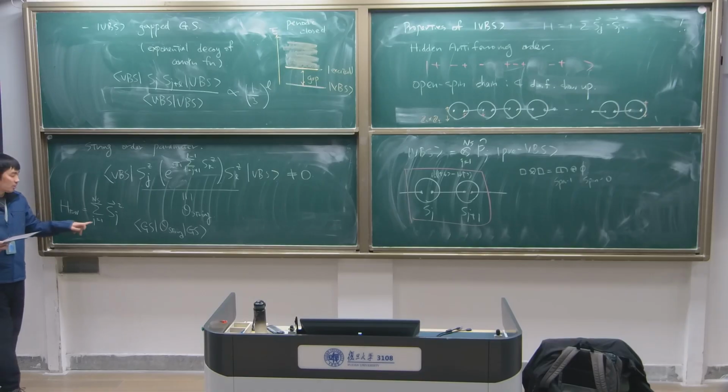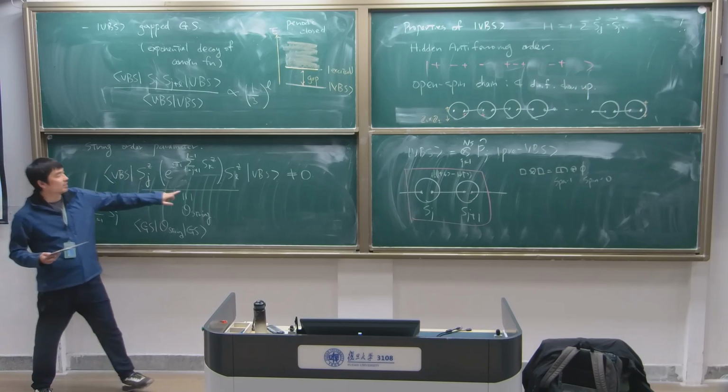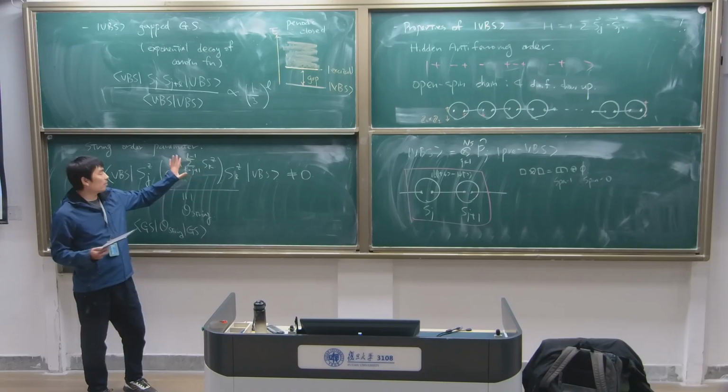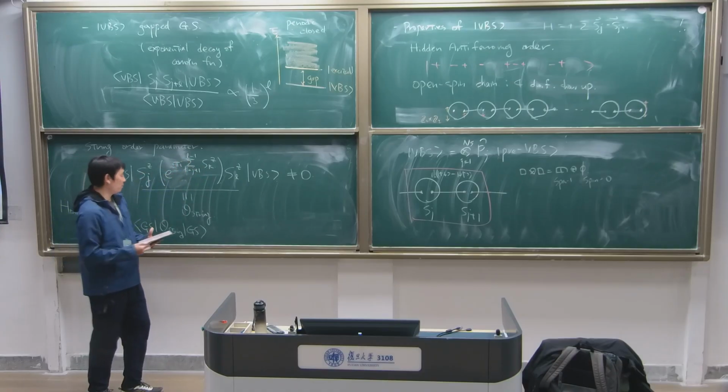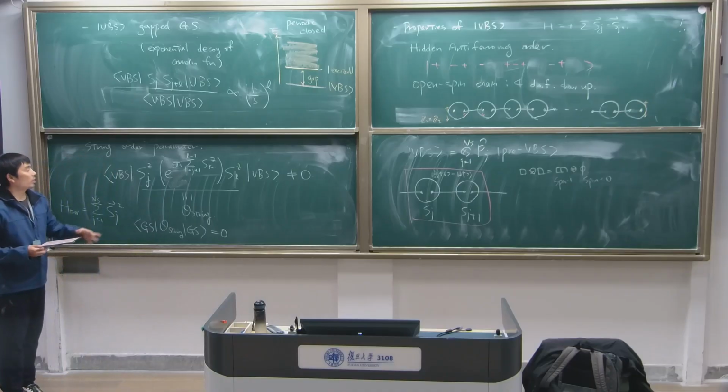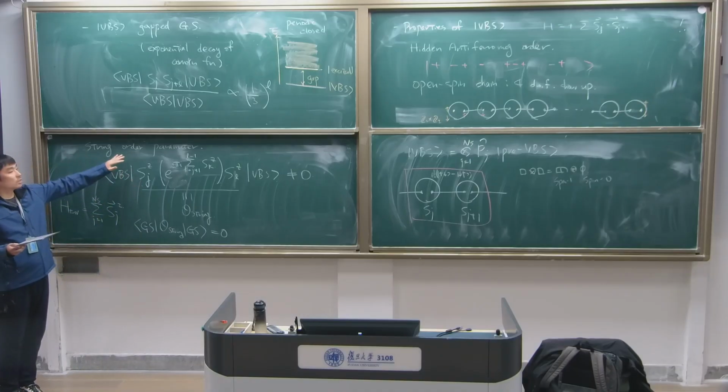All zero. So if you put the operator and 0 everywhere in the middle, this will become 1 and so this should be 0. However, one can show that this is non-zero for this AKLT state, for the ground state.